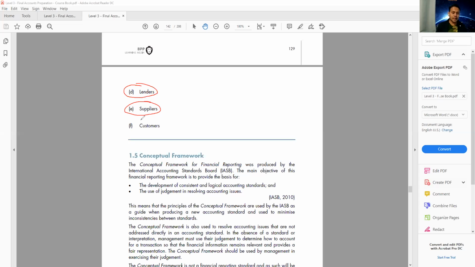Finally, the customer. Now the customer is the last one because customers normally don't see the financial statement, but some customers do see it for some reason. They want to see how the company is doing. Is the company doing anything for the country? For example, Tesco does some charity for Cancer Research UK, or some companies help to save the children.